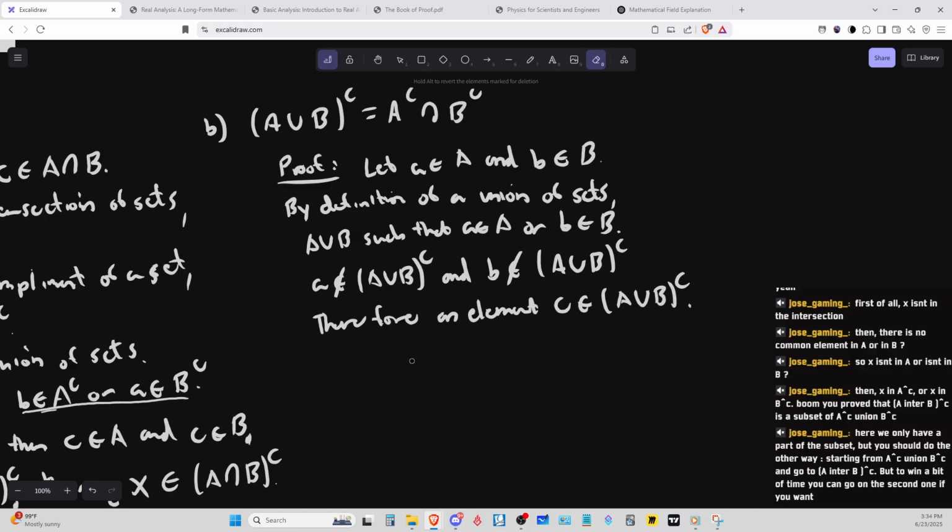Okay. Let A and B. Let A be an element of A and B be an element of B. By the definition of a union of sets, A union B such that A and A or B and A. So A and is not an element, therefore an element C.